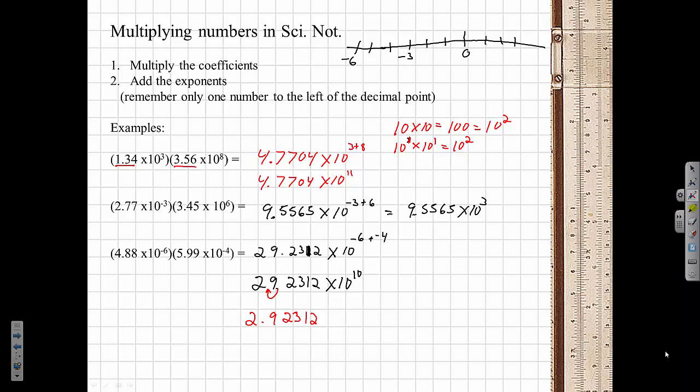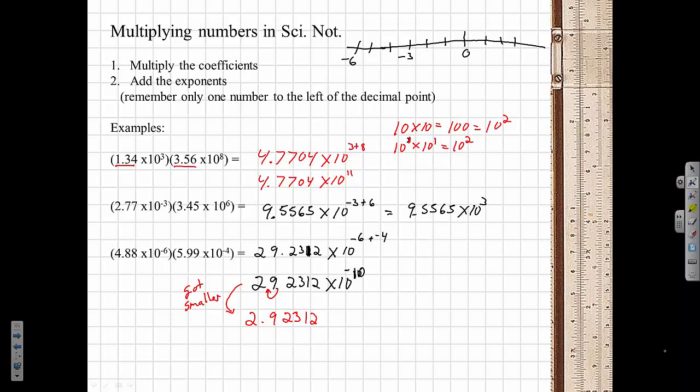We have to compensate by changing this exponent. The coefficient, this number before the power of 10, got smaller by 1 decimal place. Oops, and I almost forgot, this is not 10 but a negative 10. Very important, negative 10. Negative 6 plus negative 4 is negative 10.